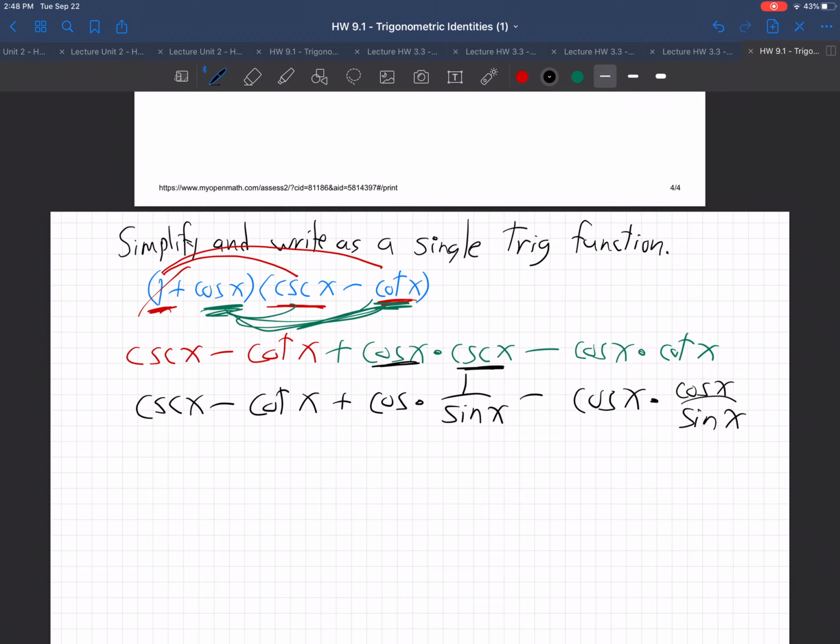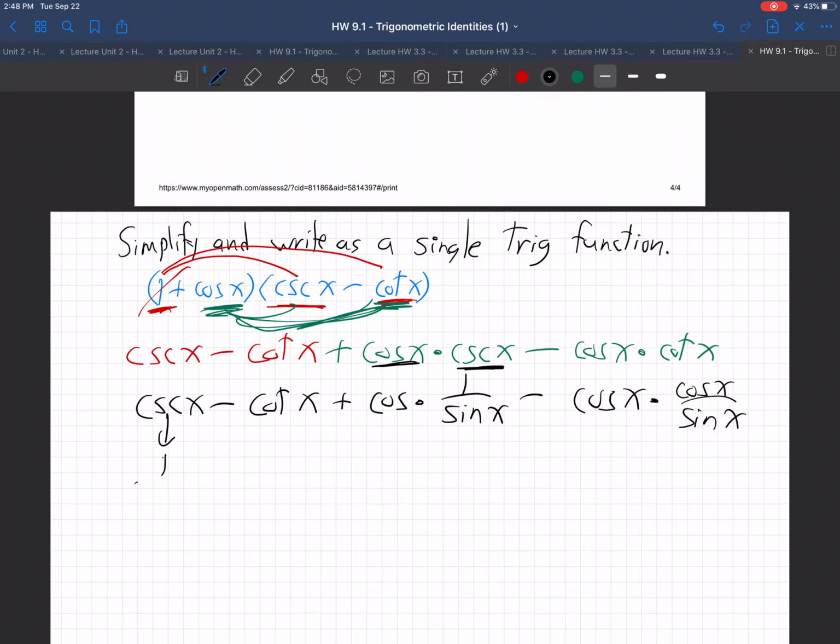Okay. So now, what are we gonna do from here? Well, let's see. This is a little tricky, isn't it? I'll bring this down. In fact, we could actually rewrite these ones also.